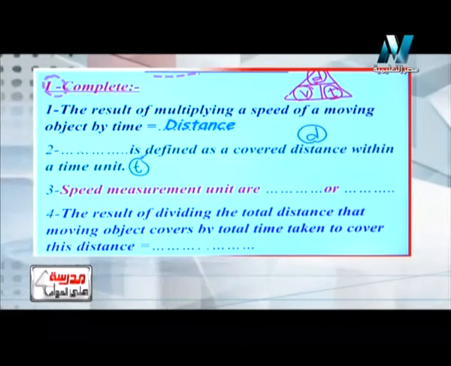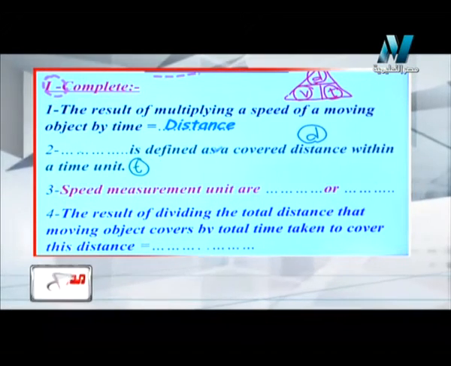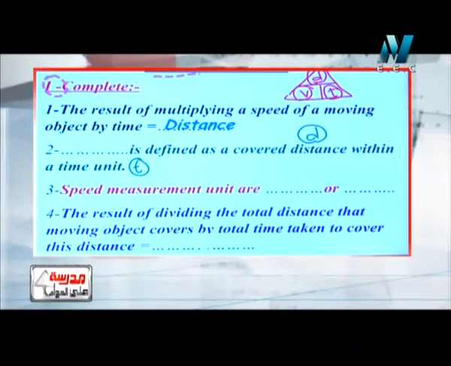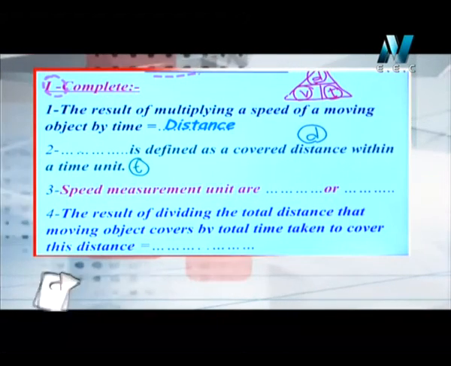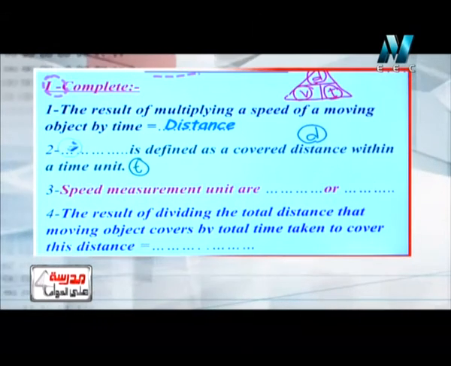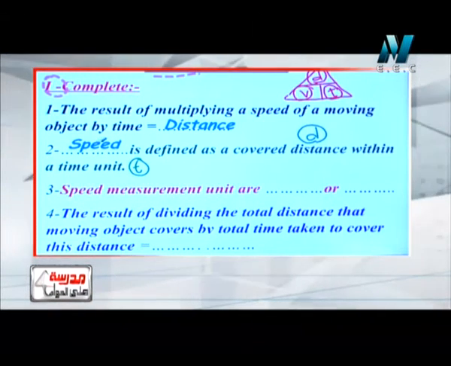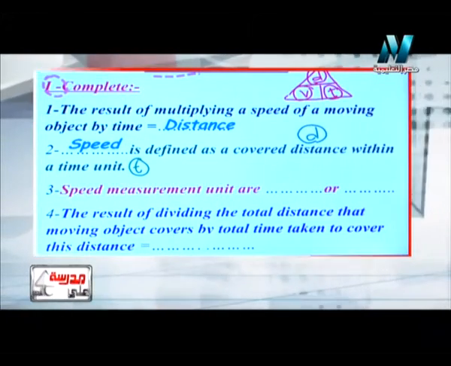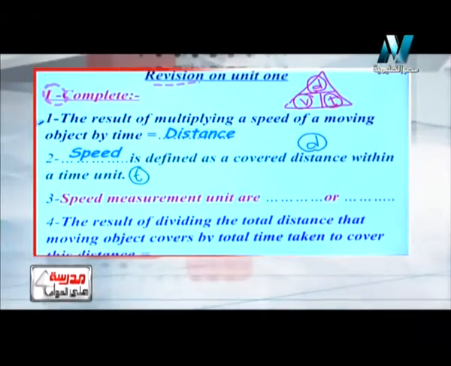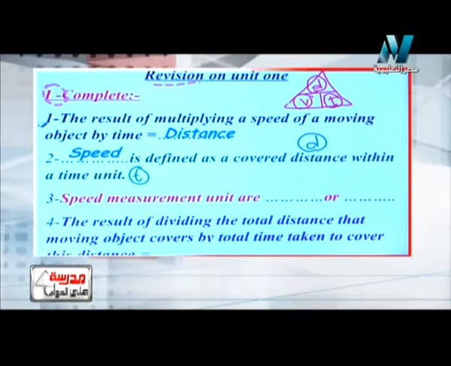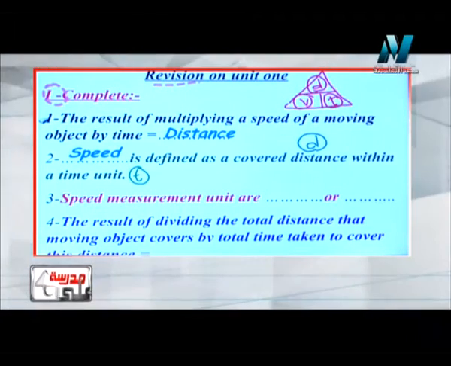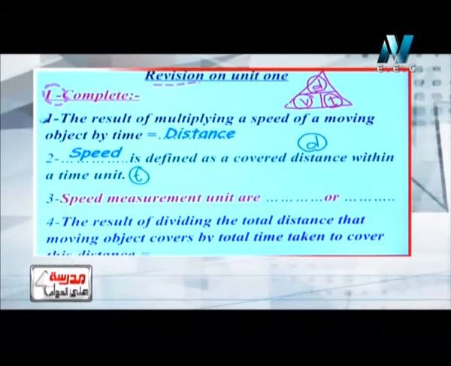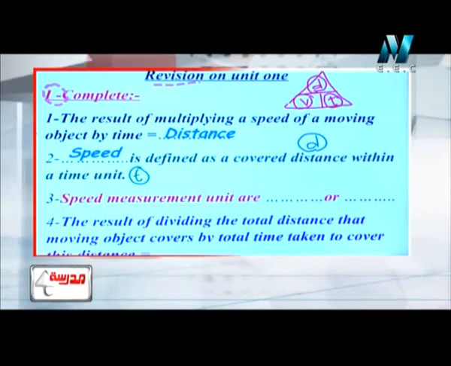Distance and time are the 2 factors of what? Of distance, or of time, or of speed. Here we talk about speed, and we can find this result from the magic triangle at the beginning of this page. As we see above, we have speed equals distance over time, so we can conclude the answer from number 1 and number 2 from the same triangle or the same definition.